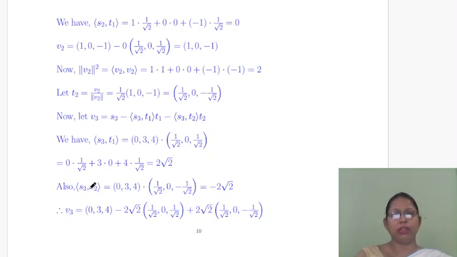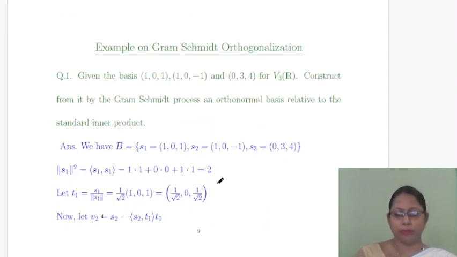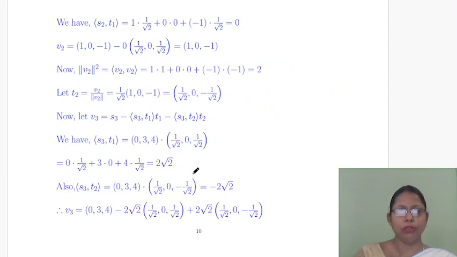Again, the inner product of S3 comma T2. S3 is 0, 3, 4, and T2 is this element 1 by root 2, 0, minus 1 by root 2, which on simplification will give you minus 2 root 2. Therefore, B3 equal to S3, 0, 3, 4, minus the inner product of S3 and T1, which is this, times T1, which is this value. Then minus the inner product of S3 and T2.